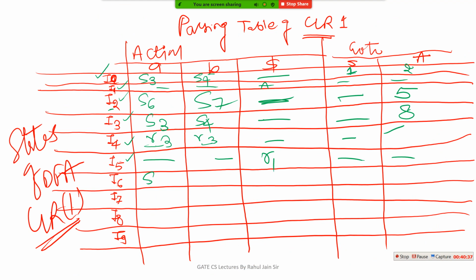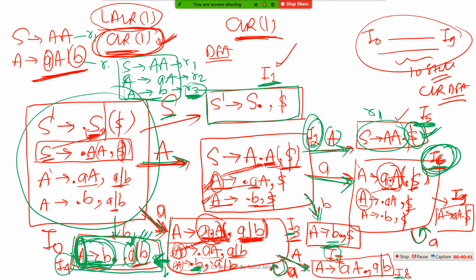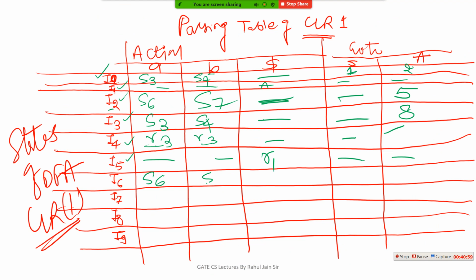I6 on a, I am shifting, so I will write S6. On small b, where is the transition of small b here, guys? On small b, I will shift to S7, because the look ahead is dollar and here is look ahead dollar. So I will write S7 in the parsing table entry of I6.